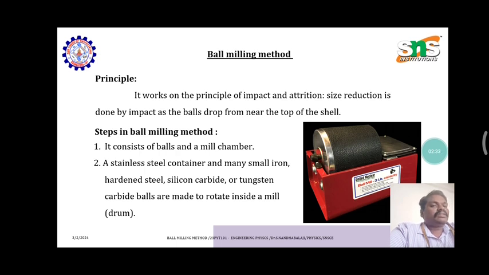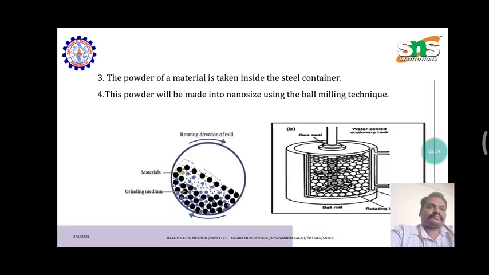The ball milling method consists of balls and a mill chamber, a stainless steel container, and many small hardened steel, silicon carbide, or tungsten carbide balls that are made to rotate inside a mill or drum. The powder of a material is taken inside the steel container. This powder will be made into nano size using the ball milling technique.